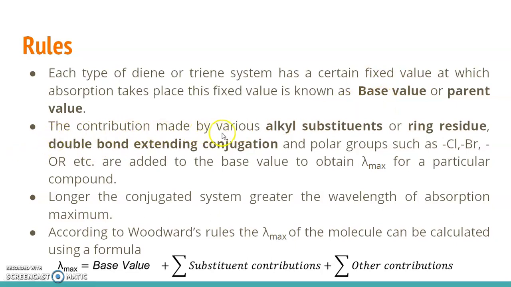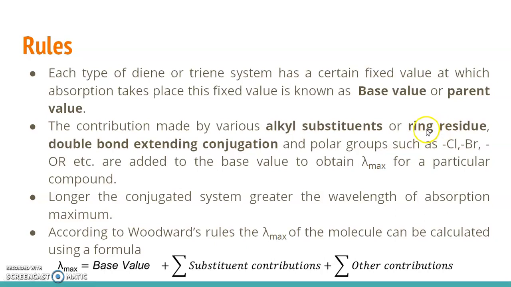Next is the contribution made by various alkyl substituents or ring residues. There is some contribution made by the alkyl substituents or some of the other substituents, which we will also address. What do we mean by ring residue?